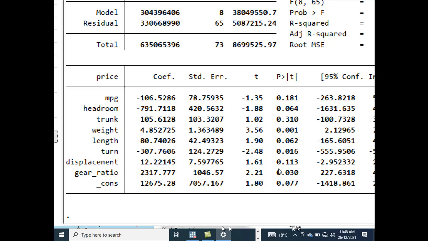So this portion of the result gives you the fitted model. But before you explain the fitted model and say what it is telling you, leave this for the time being.